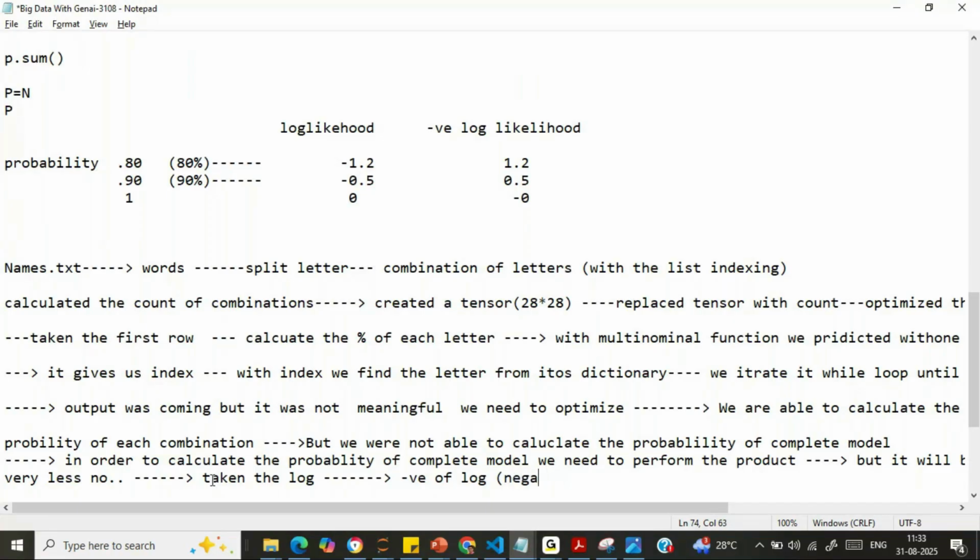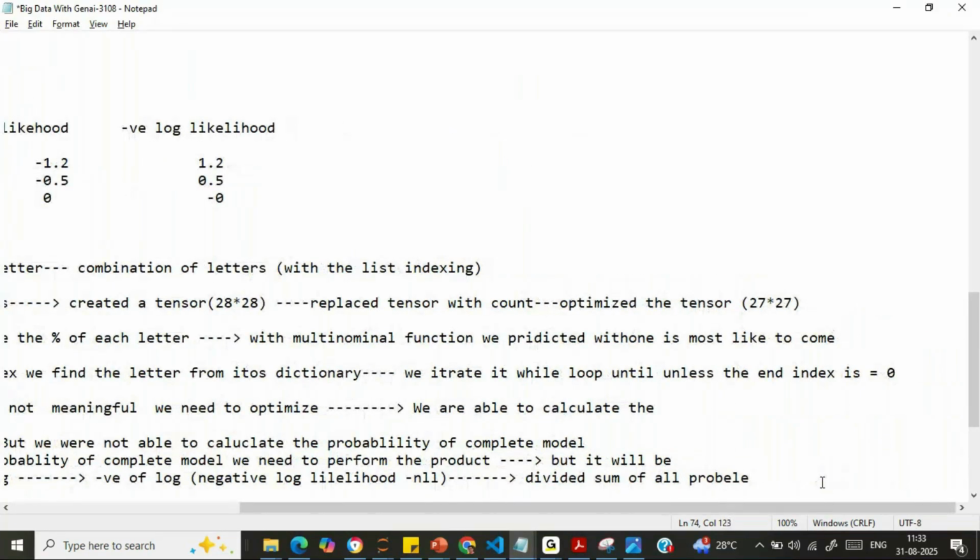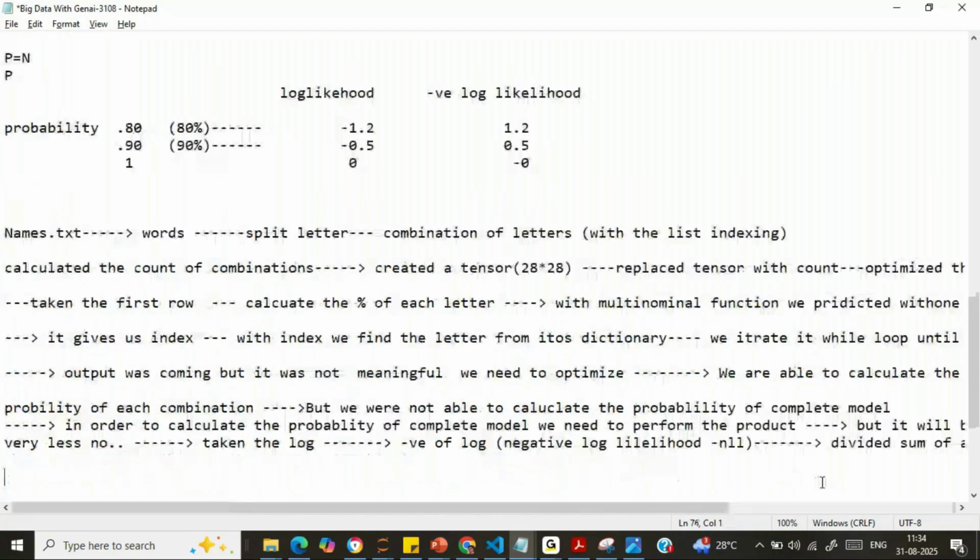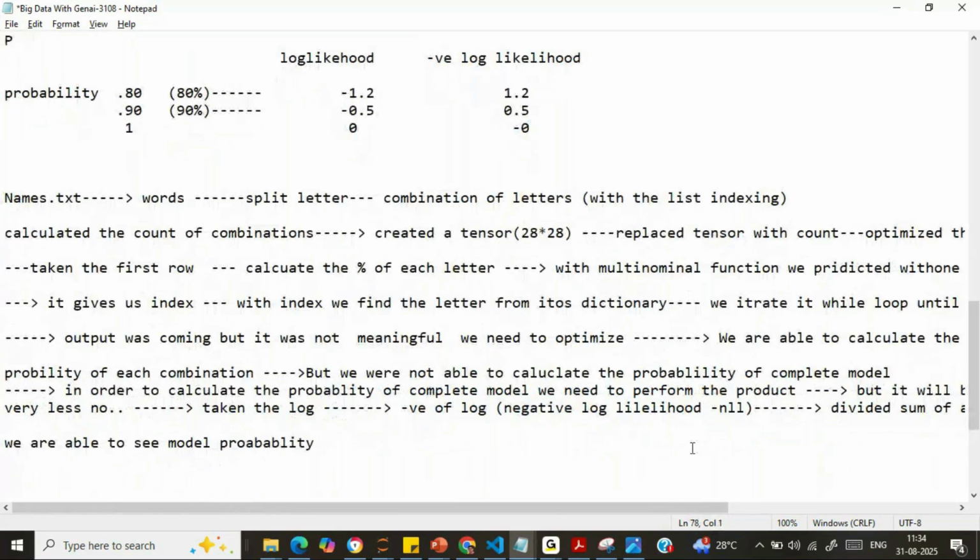We have taken the log, taken the negative of the log, and divided the sum of all probabilities by the count. So we are able to see the model probability.